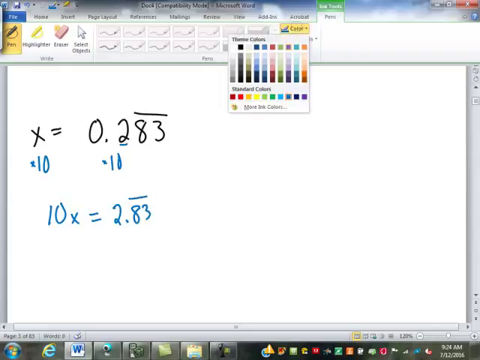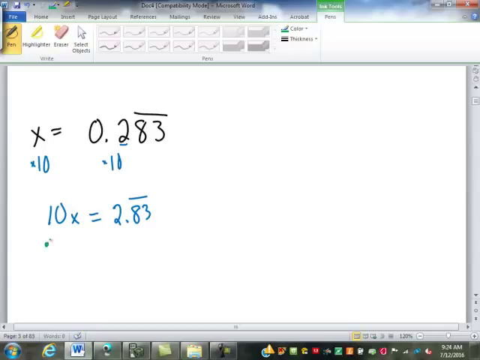Then what? Times 100. Why 100? Because there are two digits that do repeat. So 10 times 100 is 1,000x. 1,000x equals 283.83 repeating.